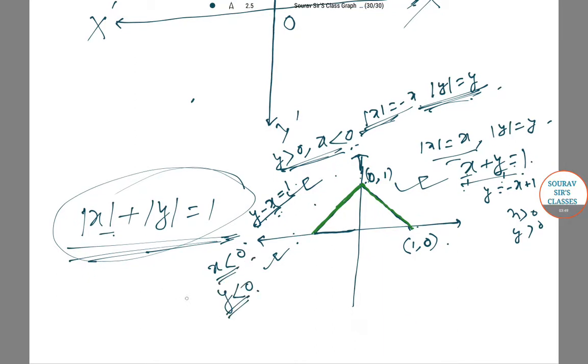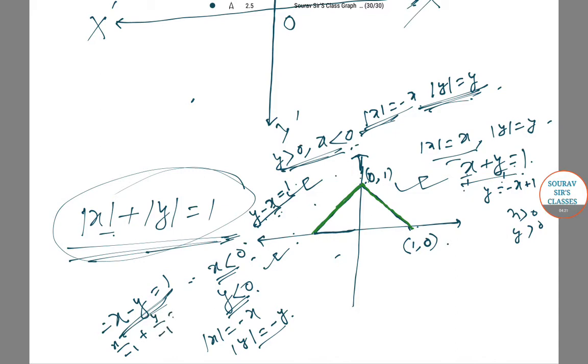So mod x equal to minus x and mod y equal to minus y. So the graph changes to minus x minus y equal to 1. You can see that now the graph changed to minus x minus y equal to 1. So it is x by minus 1 plus y by minus 1 equal to 1.